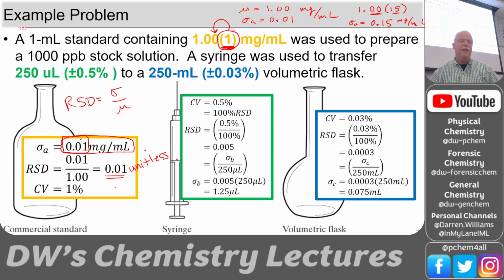And then it's typically useful to think in terms of percentages. So CV is RSD times 100%. So 0.01 times 100%, that's 1%. And so that's our uncertainty in our standard, plus or minus 1%. I would say not great. I would like it better than that, but anyway. That's what we have.